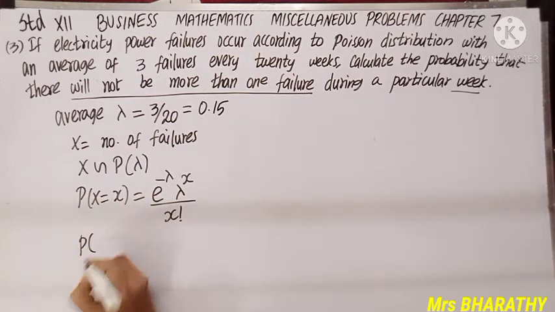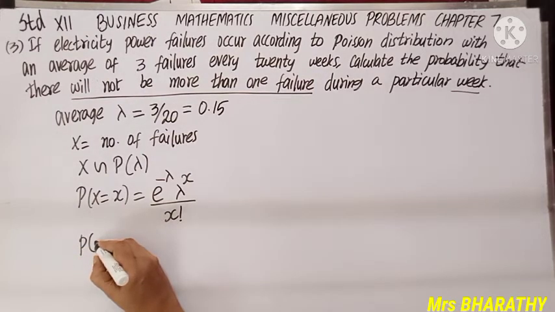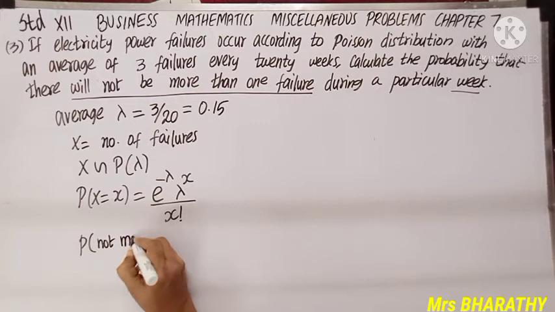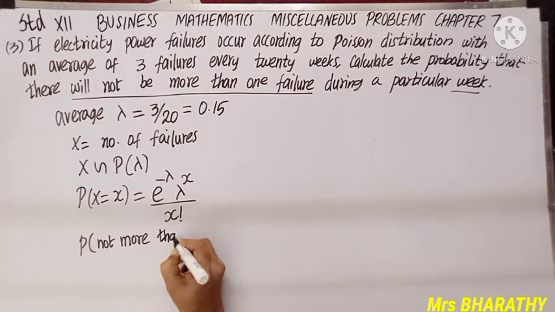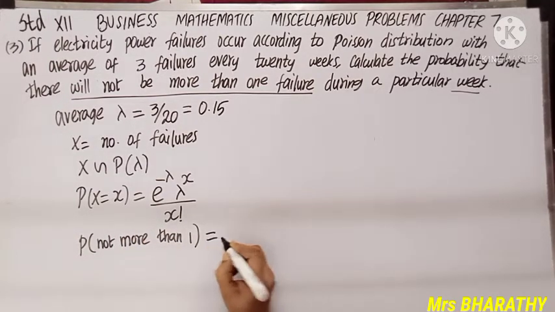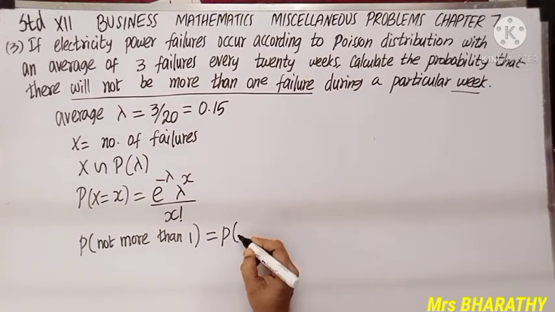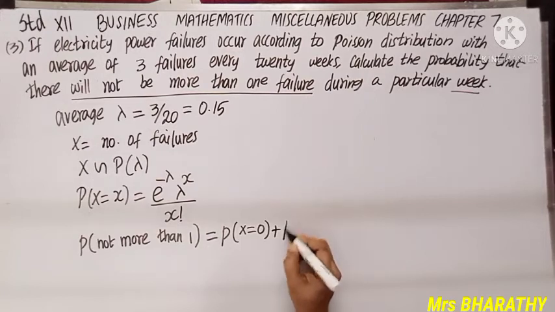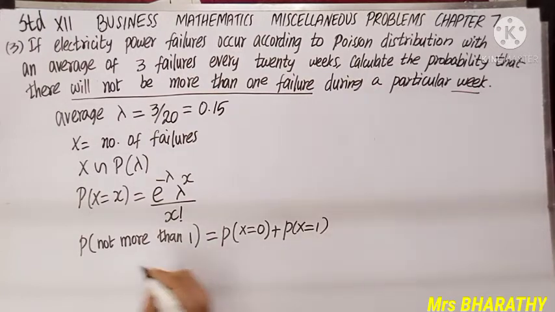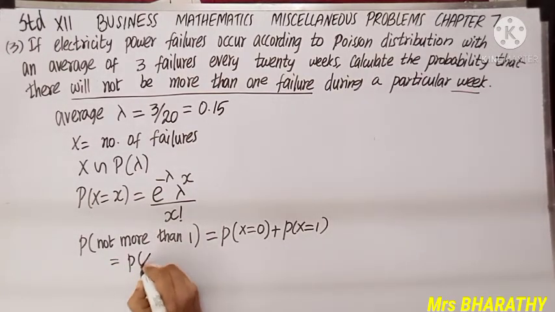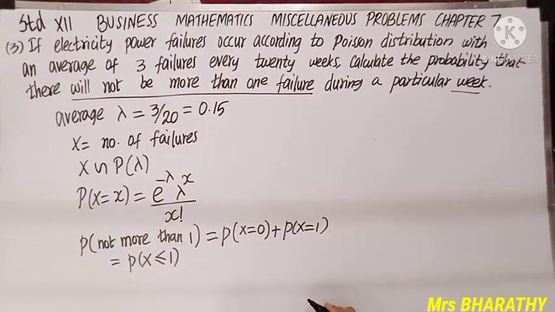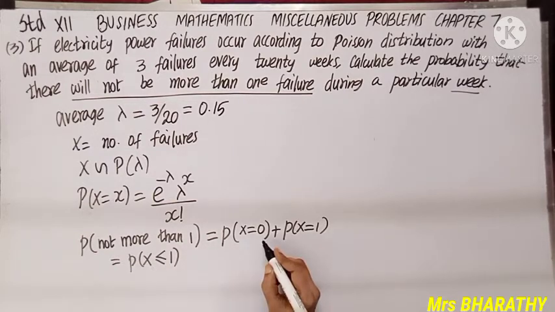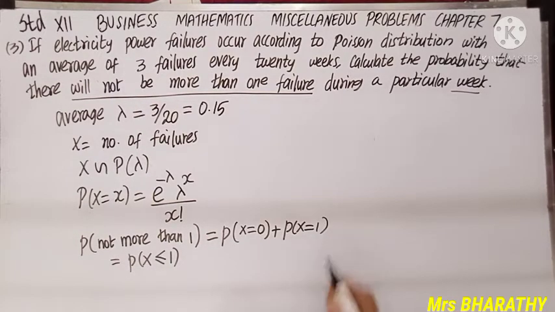Now my question is not more than 1. So what does this mean? Not more than 1 tells me it is either equal to 0 or equal to 1, below or equal to 1. So I just add 0 and 1.